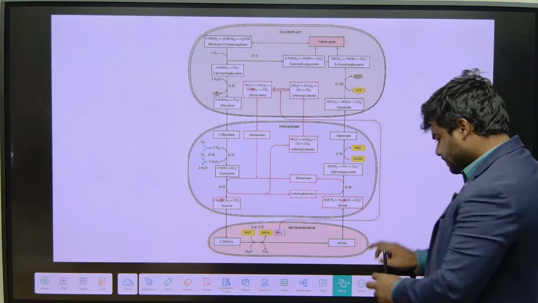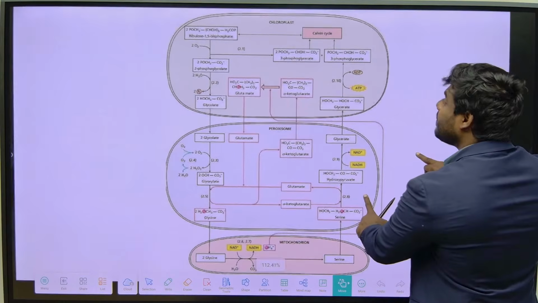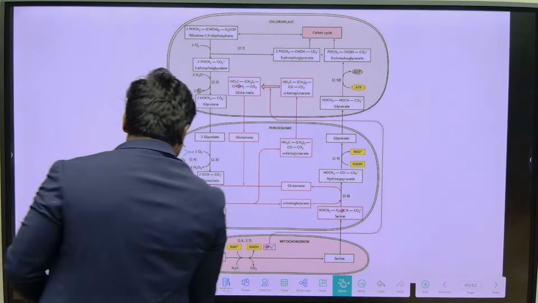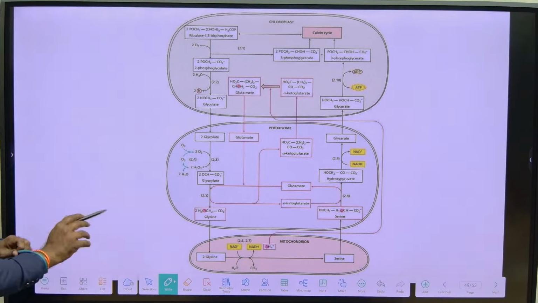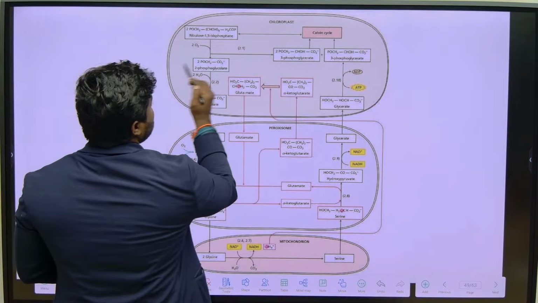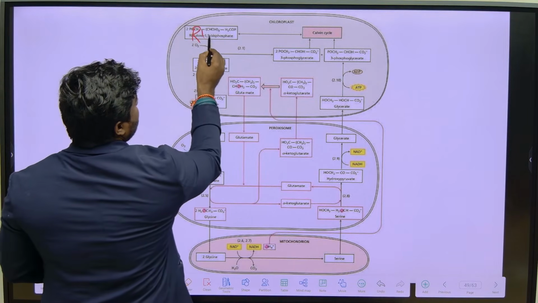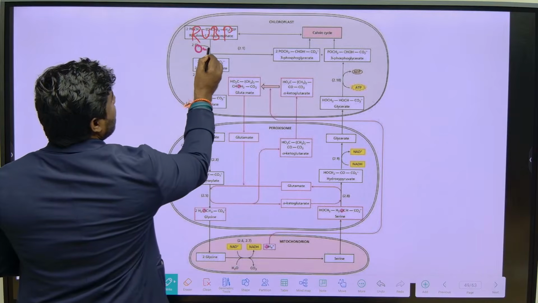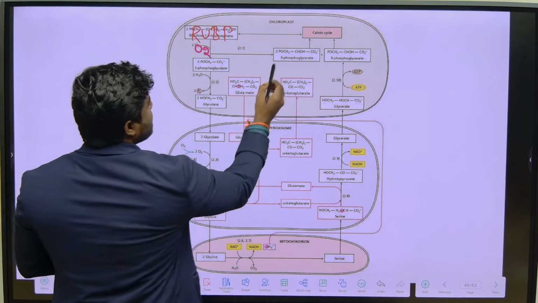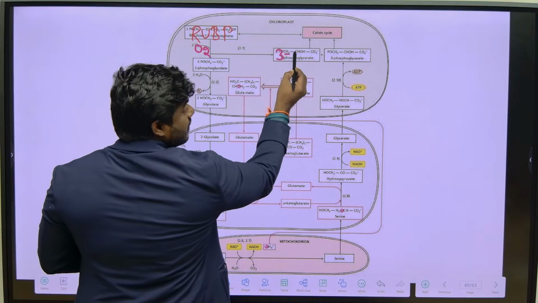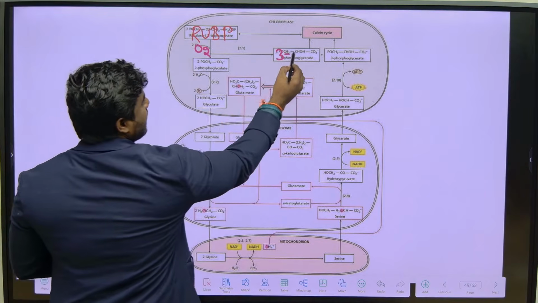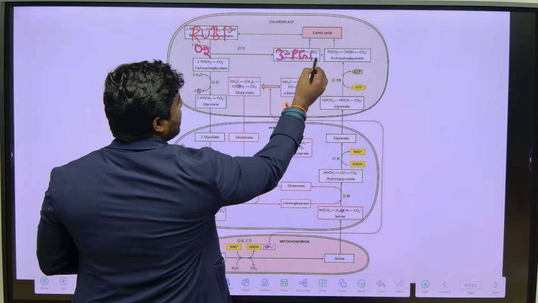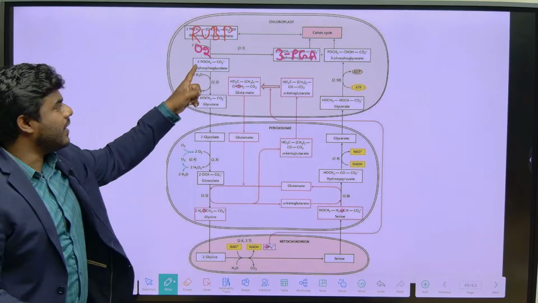This question has been asked multiple times in your very recent question paper also. So don't confuse, once again understand: this is RuBP, a 5 carbon containing compound, combined with oxygen. How many 3PGA will I get? Only one. How can I get 2? Because it is combined with oxygen.